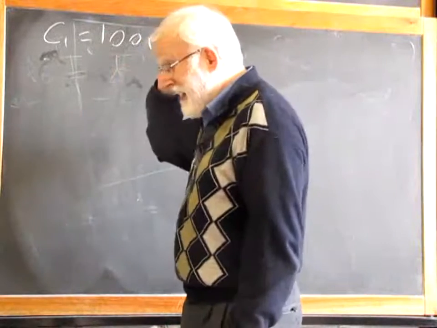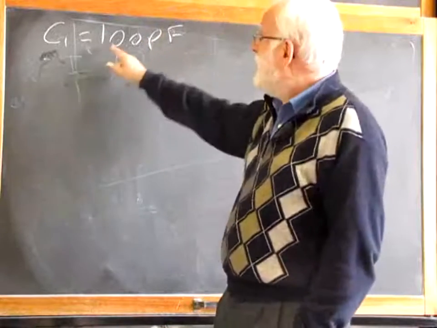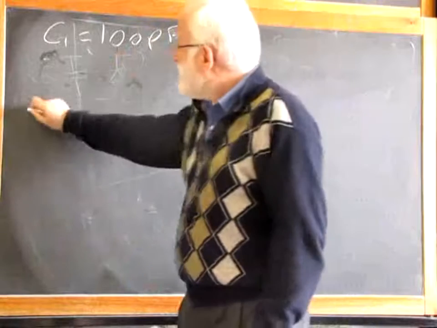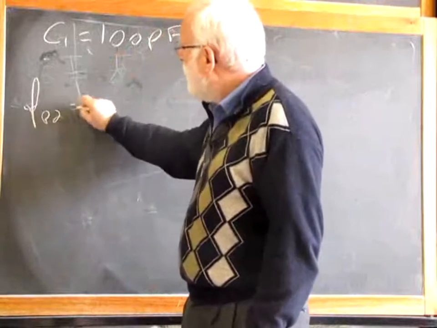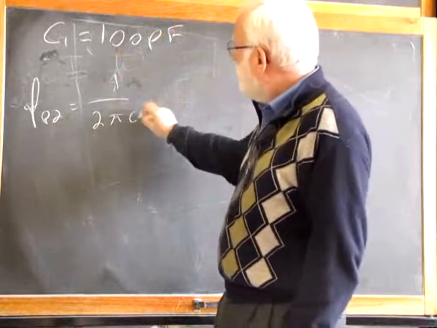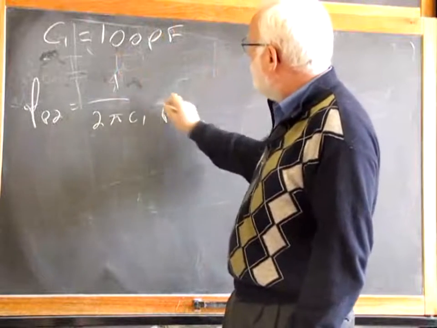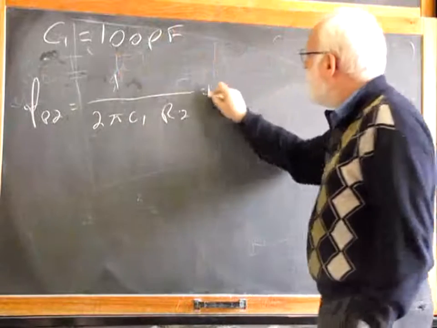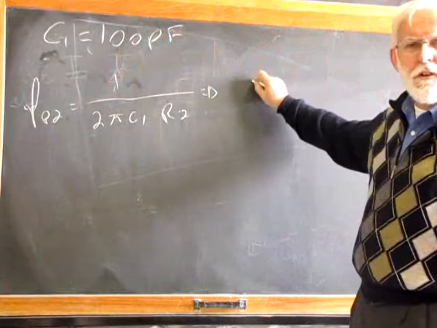So we can write, what is the first equation we can use with this number? F2 closure pole equals 1 over 2 pi C1 times R2. That means, how much is the closure pole?